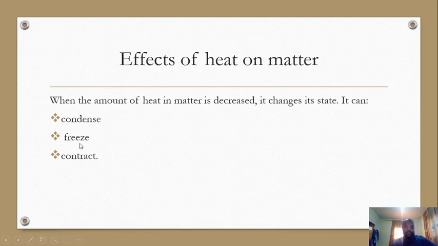If you have liquid like water and decrease the temperature, like you put it in a fridge, it freezes. It freezes means the liquid becomes solid. Also, if you decrease the temperature of some solids, they contract. Instead of expansion when you give it a lot of heat, it becomes contracted and small in size, right?